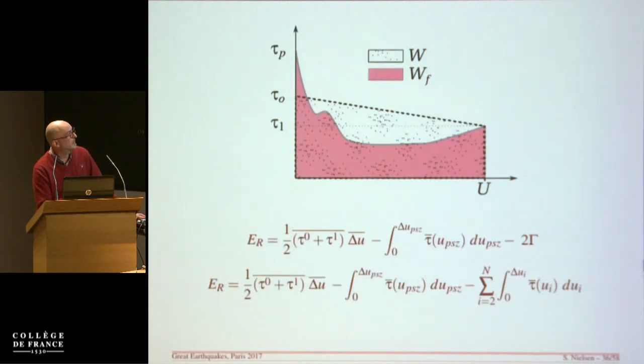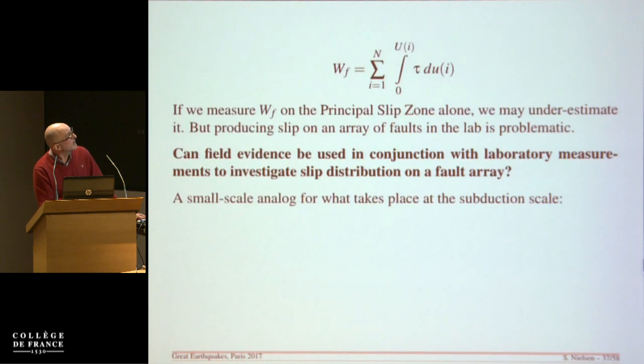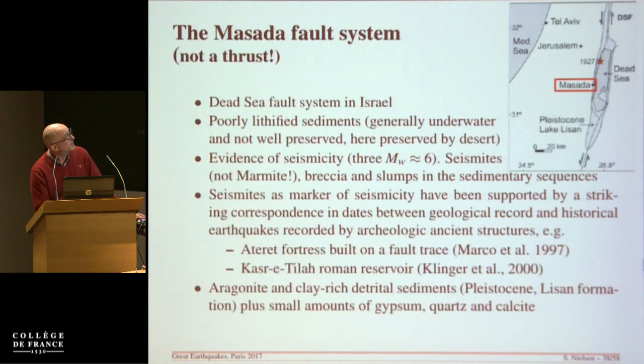And you can build that into the energy budget again, and you can argue that this term here, which is the off-fault damage, can be replaced by a sum of frictional work on a series of faults that are surrounding the main fault strand. So if we measure this dissipation only in lab experiments on one principal slipping zone, we're going to get only part of the picture because we'll miss the off-fault deformation.